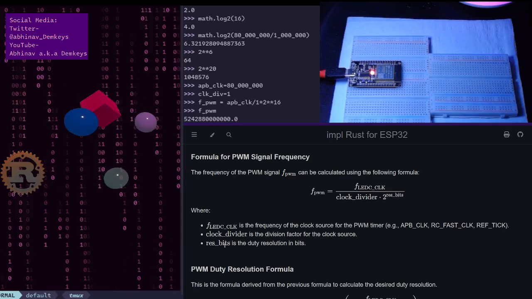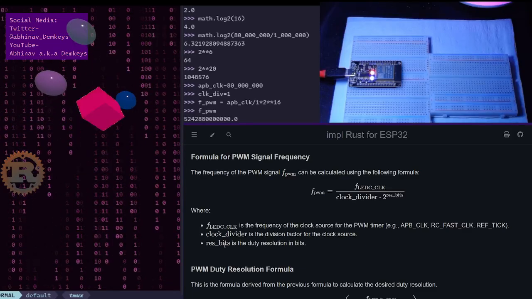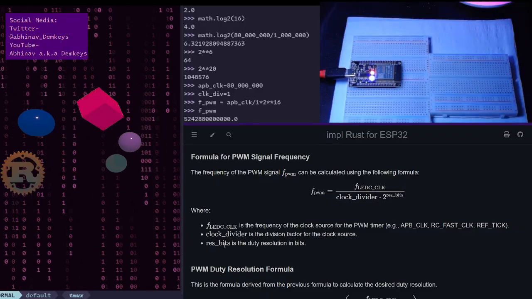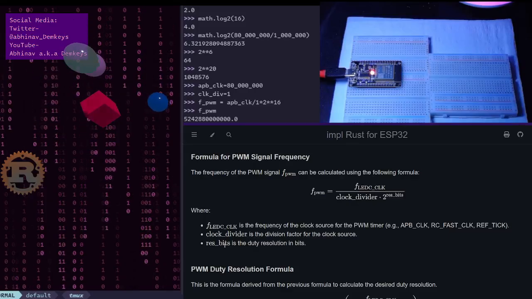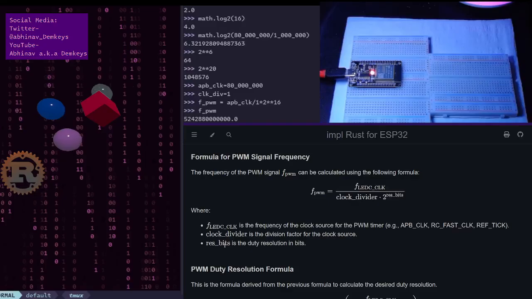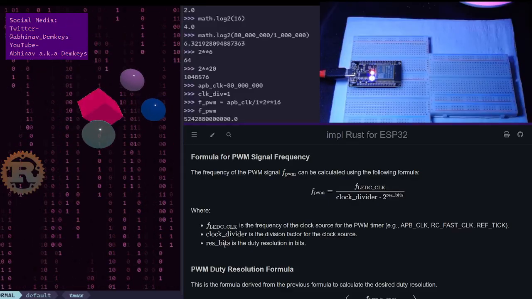So that's 880 million, 242 billion. So 5,242,880,000,000. That is if we don't divide it down.